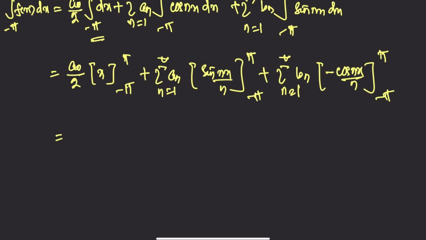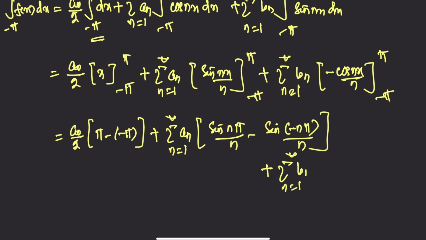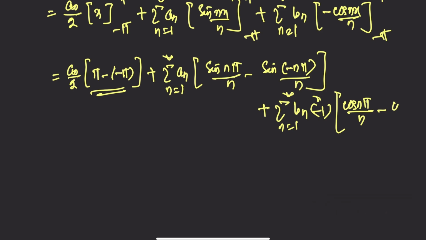Now let's put in the upper limit and lower limit. We get pi minus of minus pi in the first term, and in the third term, take minus 1 common, minus cos of minus n pi by n.